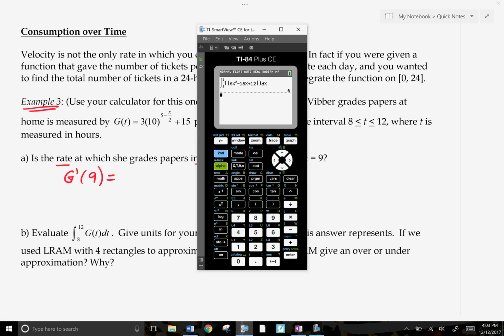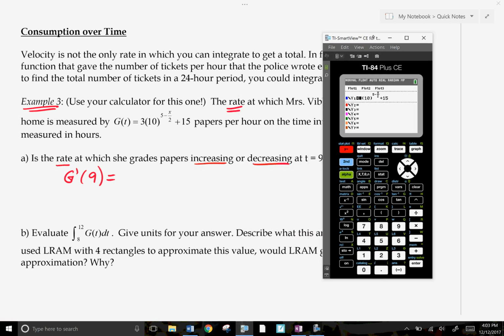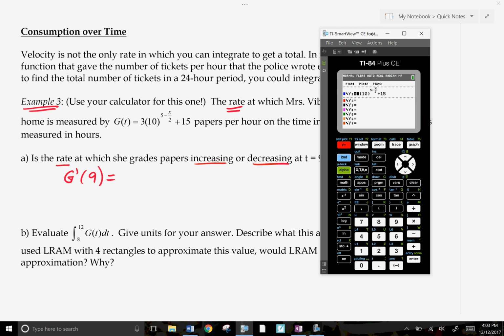I go into y equals and type in this g of t function. The calculator can get me the derivative: math 8 for nDeriv. I want the derivative with respect to x of what's in y1, and alpha trace brings that up. I want to evaluate the derivative at 9. Negative 10.922.